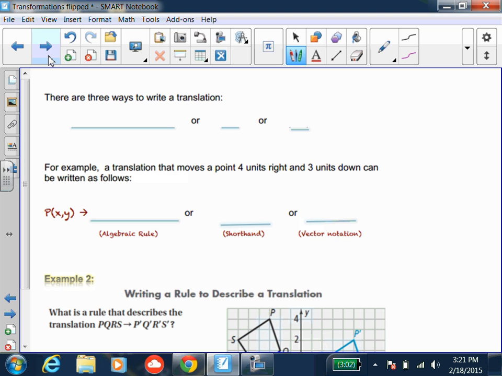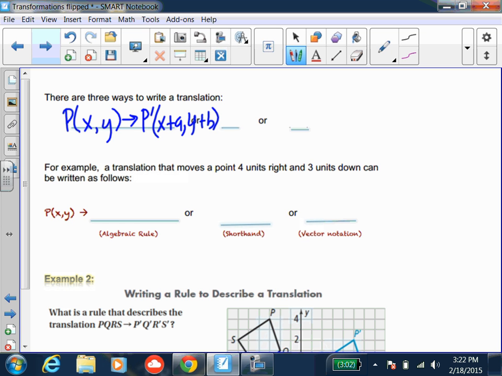That's where we have P(x, y), then we have our arrow, and P prime is going to be (x + a, y + b). Whenever we have to do our x and our y, we write that down.